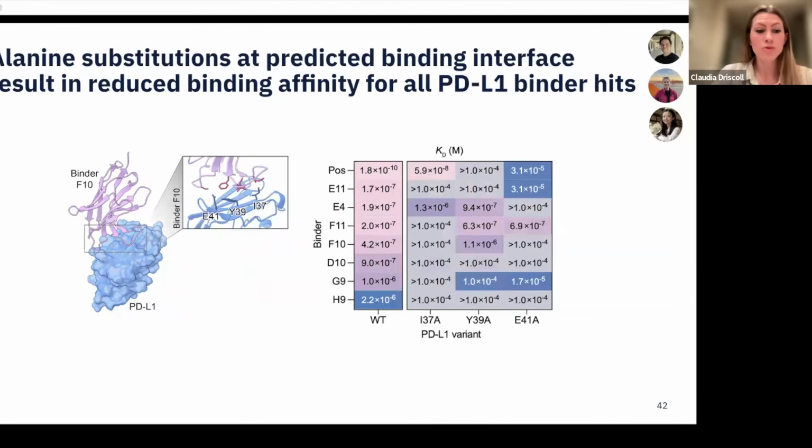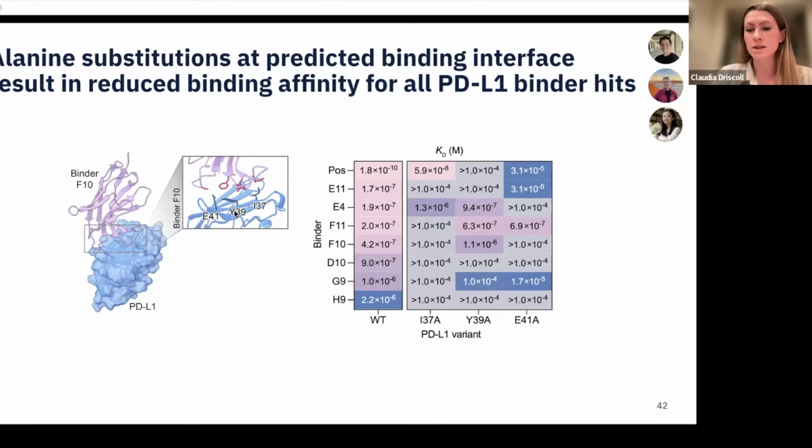We then wanted to probe the epitope, so whether or not the designed hotspot is real. Just in the case of this PD-L1 binder F10, we looked at the interface, identified 3 important interface residues in the PD-L1 epitope, and mutated them to alanine.